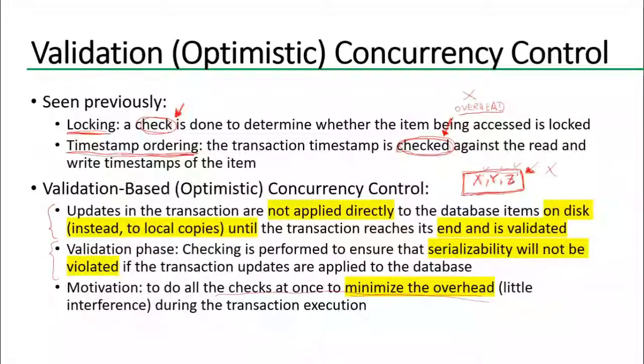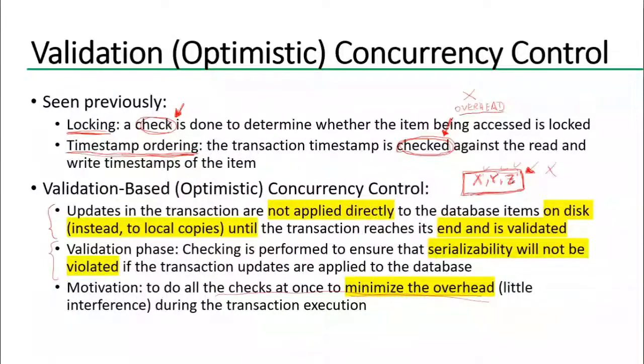Basically, you check if a transaction TI, which runs after a certain transaction TJ, satisfies one of the conditions. Condition number 1: transaction TJ completes its write phase before TI starts its read phase.